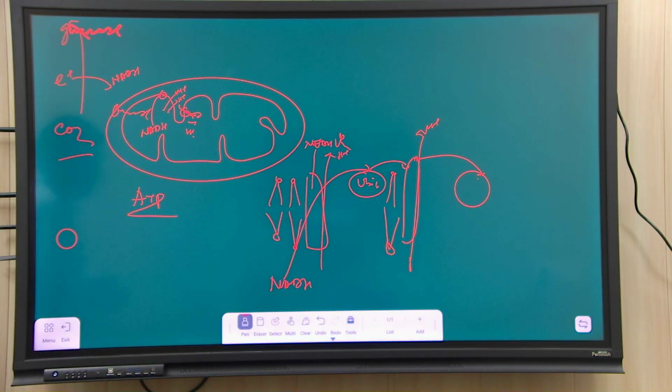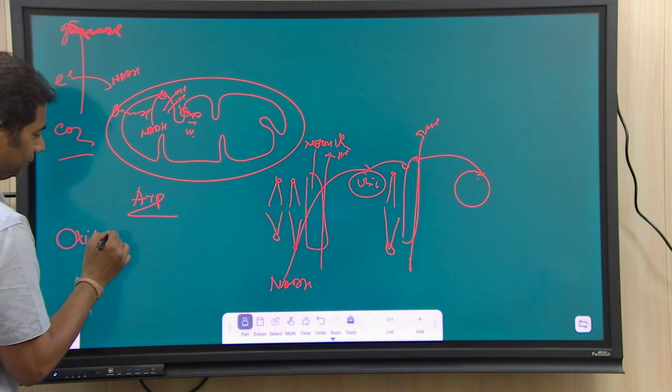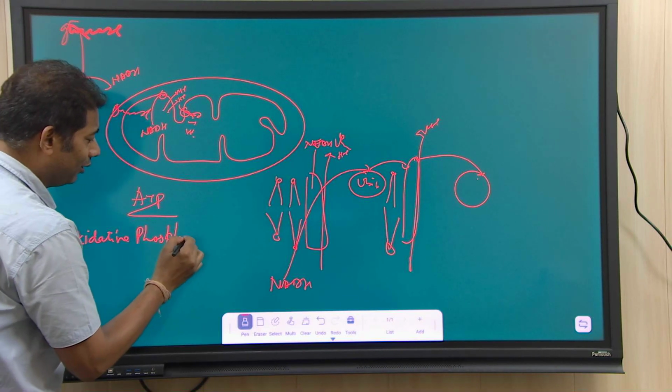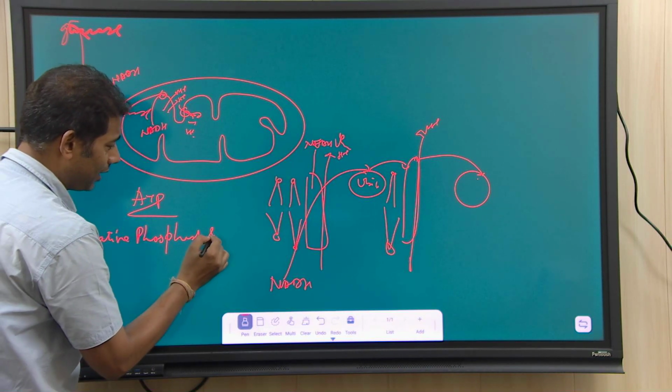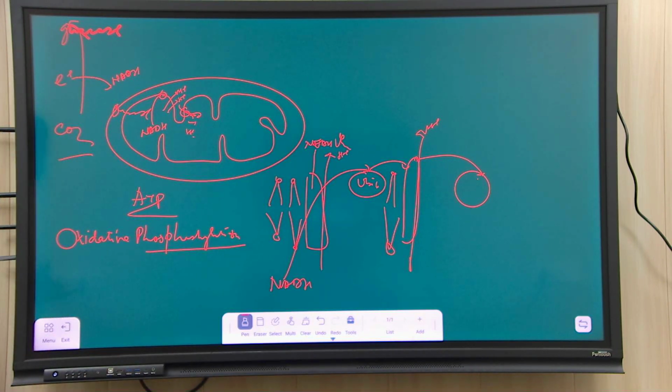So, my dear students, here we observe how the cell is generating ATP. But the question is again, ATP is generated, how does the cell perform its activities by its own? How?